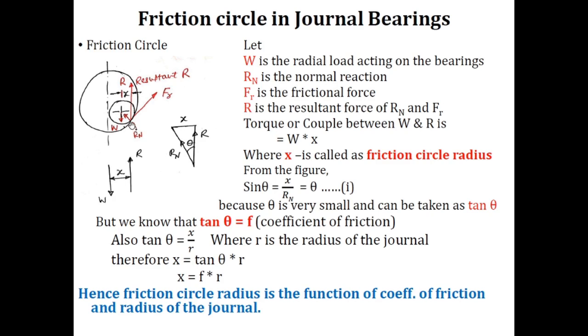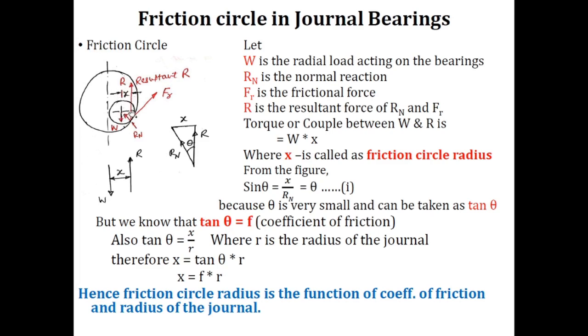So if you can see over here, here is the normal reaction Rn, this is the frictional force Fr, and of these two I have drawn one resultant. So this R is nothing but the resultant force, and the distance of this resultant force from the center of the journal is denoted by x, and that x is called the radius of friction circle.